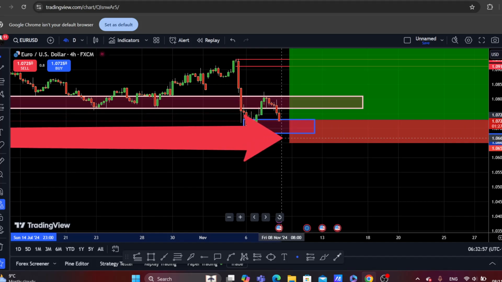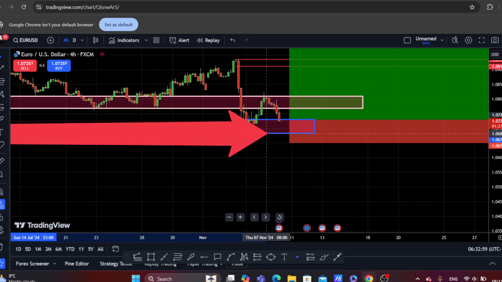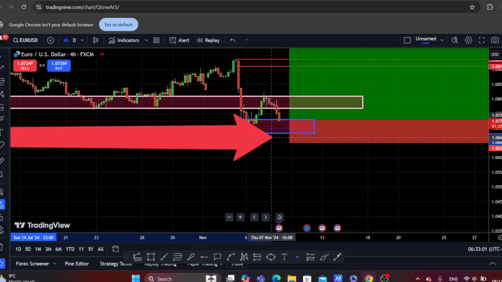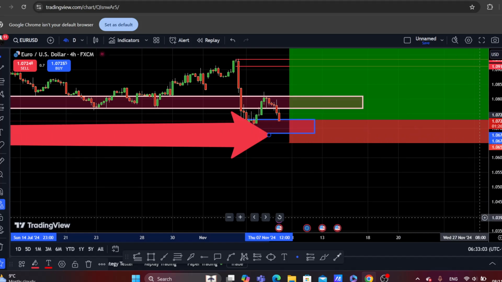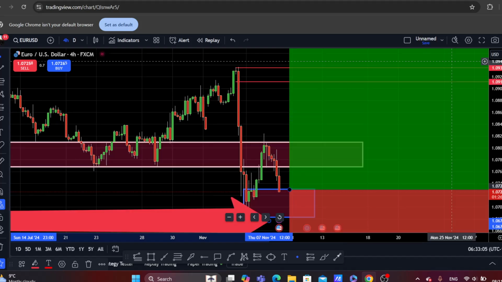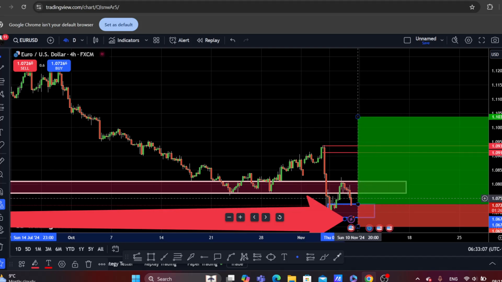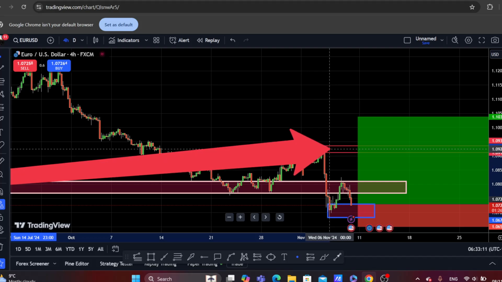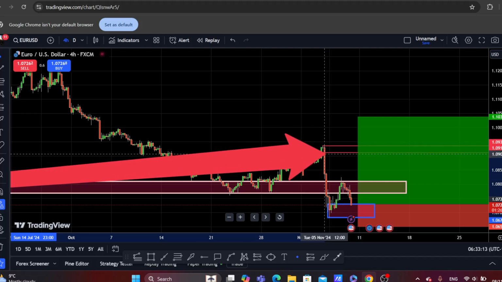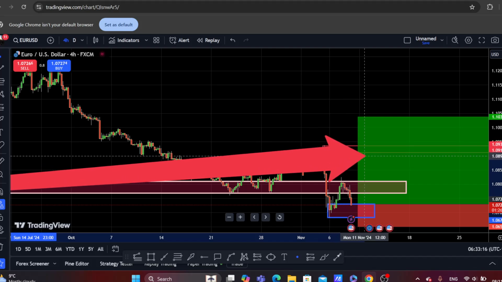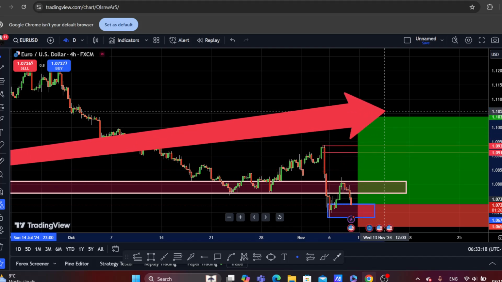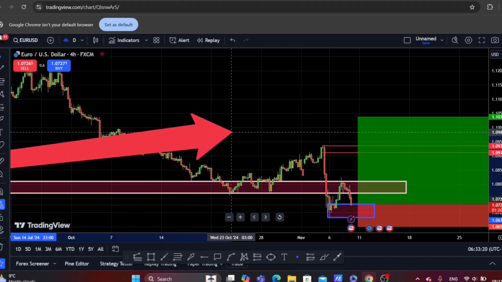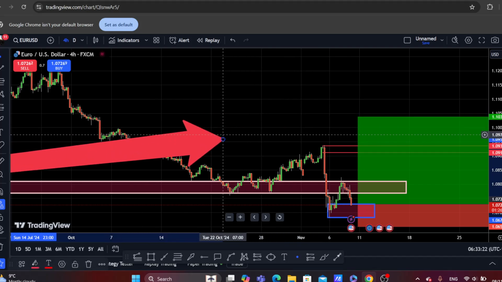Yeah, and my stop is below this demand zone. Okay, and my first target is just below this supply zone, which I don't think would work. So I think this supply zone will act as a retracement before pushing higher.